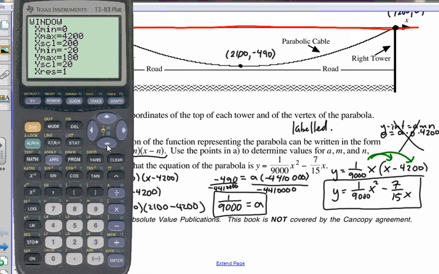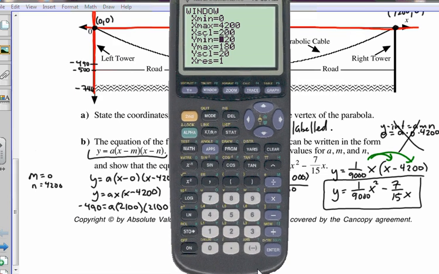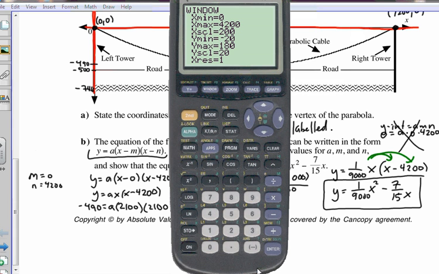Now y, what's our minimum value in our y here? Negative 746 to 0. Could you go a little above it if you wanted to, like 5, 10? And scale.